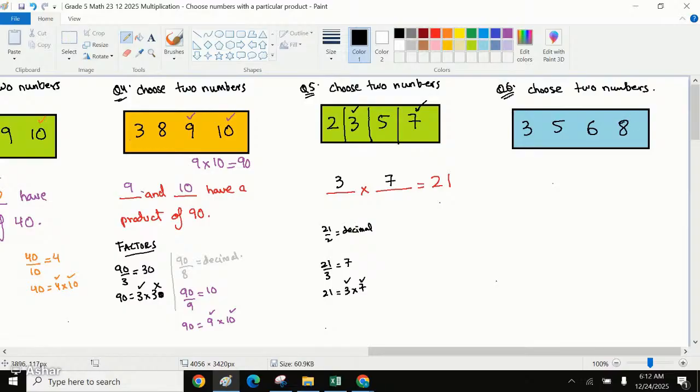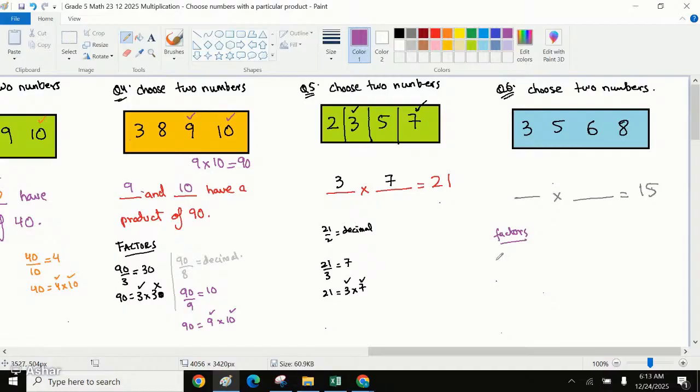And the question says, which two numbers, first number multiplied by the second number, should be equal to 15? So what we need to do is find the factors. That means we need to see which two numbers when multiplied will give an answer of 15, or what we can see is 15 comes in the table of which numbers.